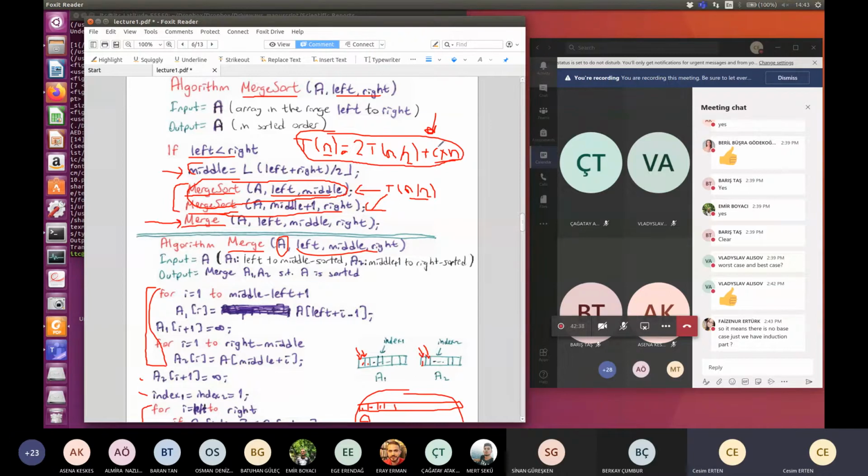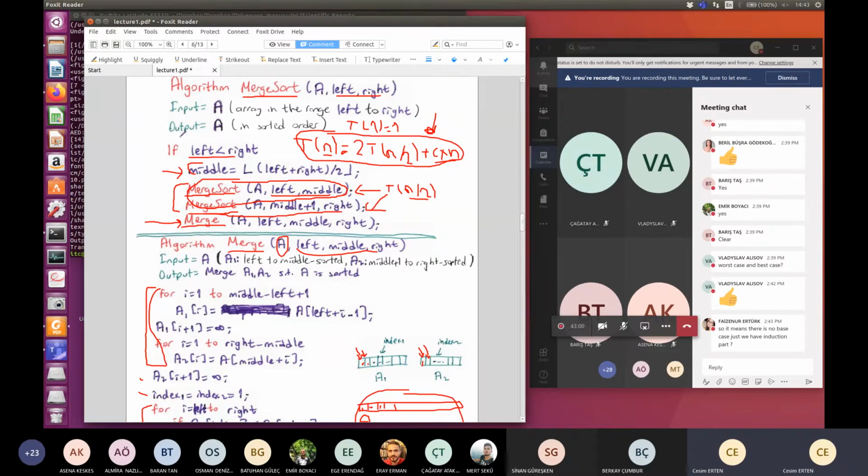Okay, this is the inductive part. Base case, you can always assume that T of some constant, let's just choose 1, is equal to some constant. Because for the base case, let's look at the merge sort algorithm.